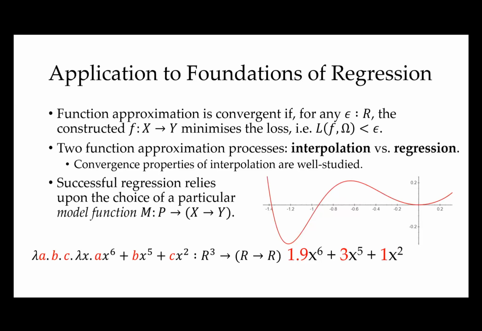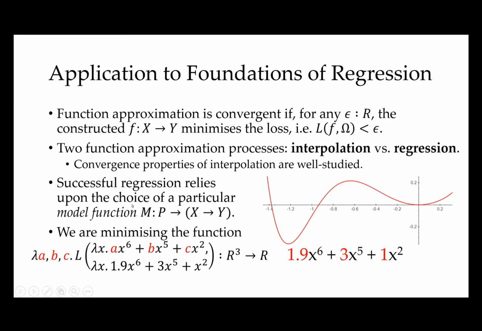And so what we're doing here is we're searching for the best values of this function. We're minimizing this loss function, which takes 3 arguments, and then we want to minimize the loss between those arguments plugged into our model function that we've decided in advance and the true oracle function, which I told you what it was earlier.